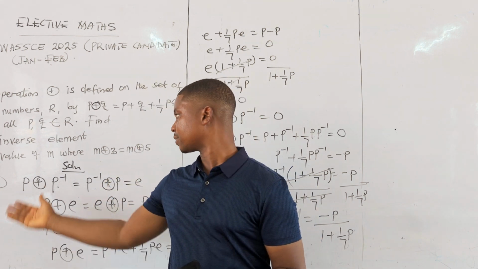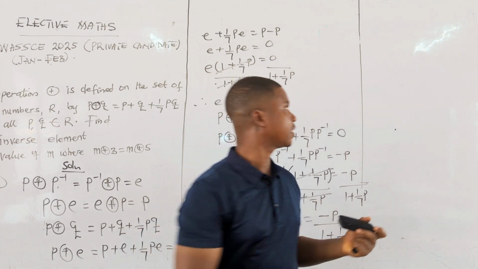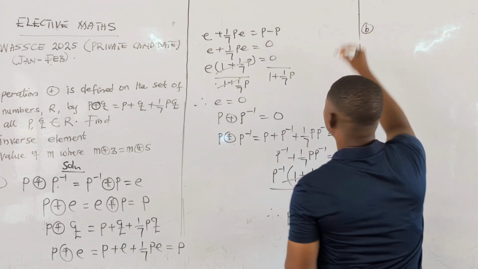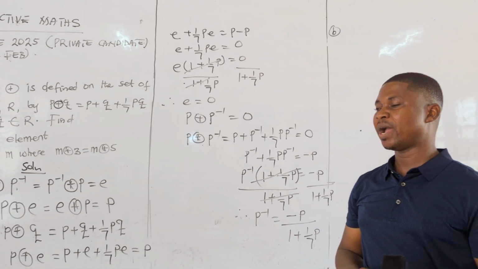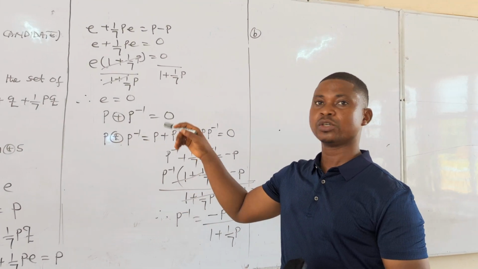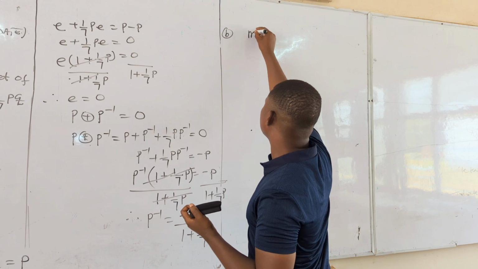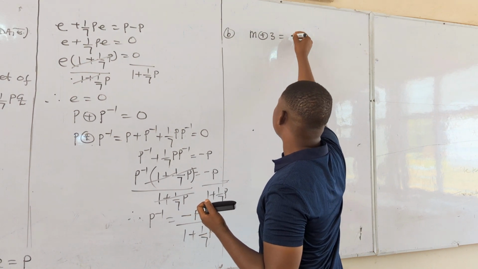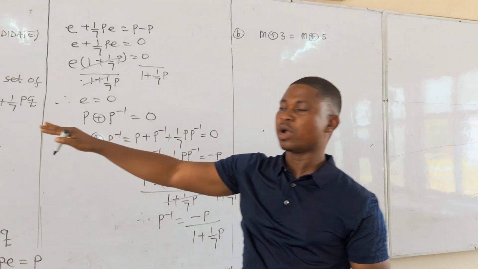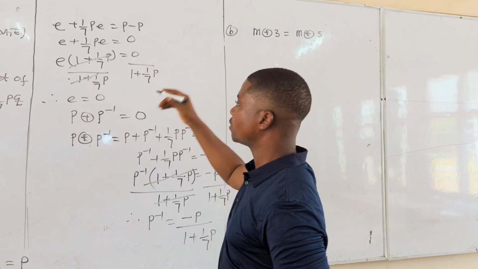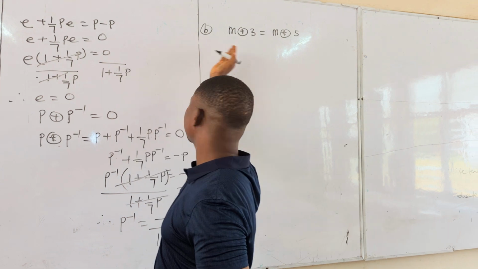Now let's look at our second part, which is the B part. With B, we are asked to find M, where M * 3 is equal to M * 5. So we are going to use the same operation by substituting this into that.